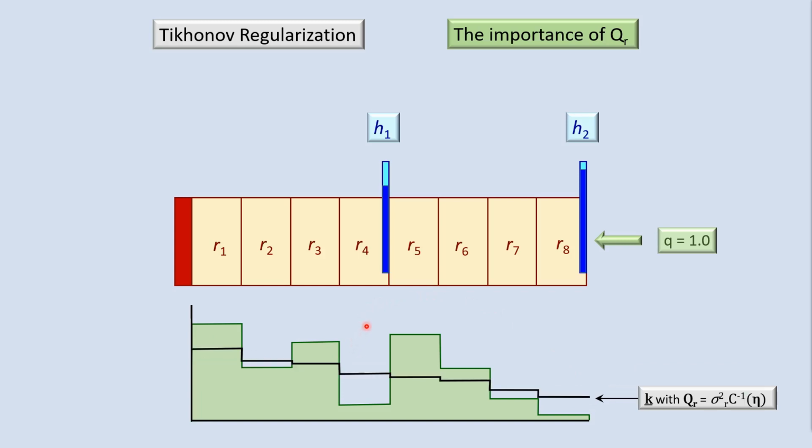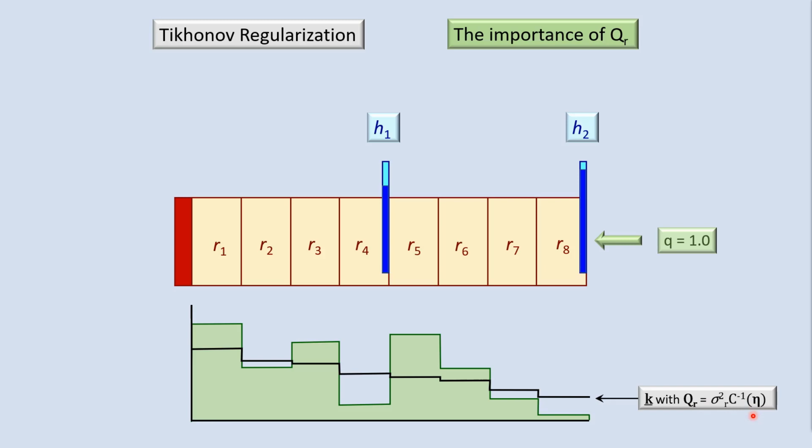Alternatively, suppose I use a QR matrix that is indeed proportional to the inverse of the C-neta matrix, which thereby respects the fact that I want my solution to the inverse problem to exhibit spatial correlation in a way that I've defined through C-neta.